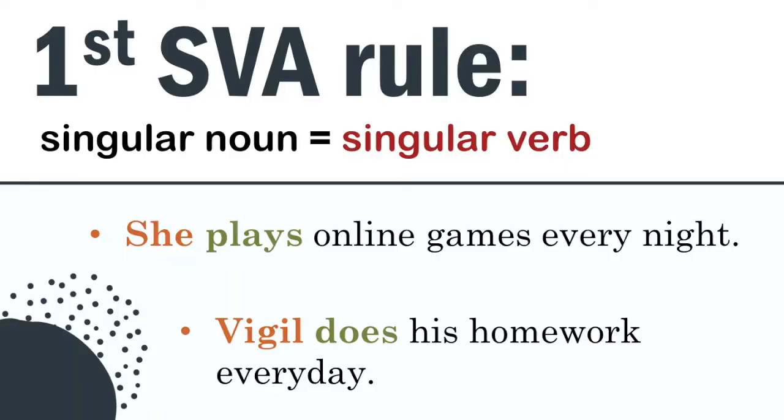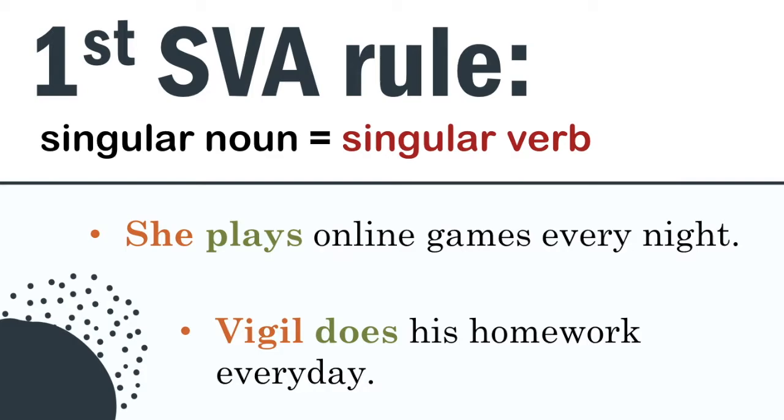Now let's discuss the first subject-verb agreement rule, or the first SVA rule. If you have a singular subject or a singular noun, definitely you should use a singular verb. Let's see the first example. She plays online games every night.